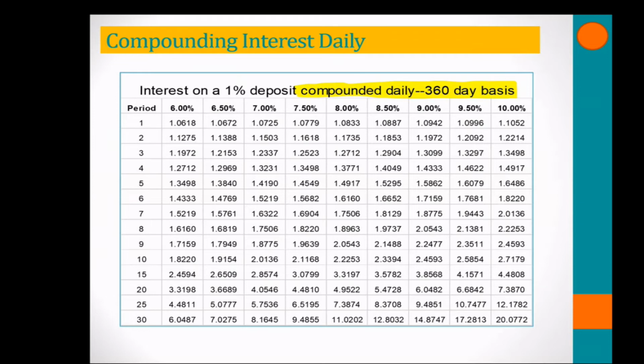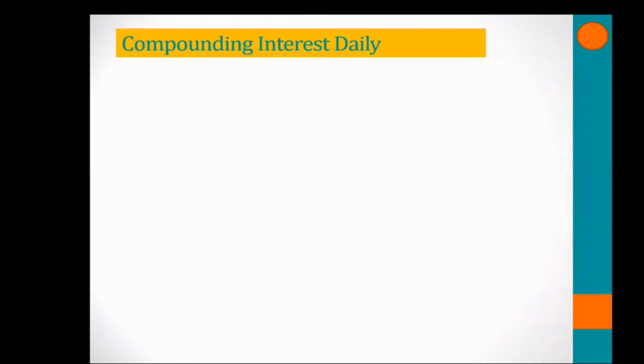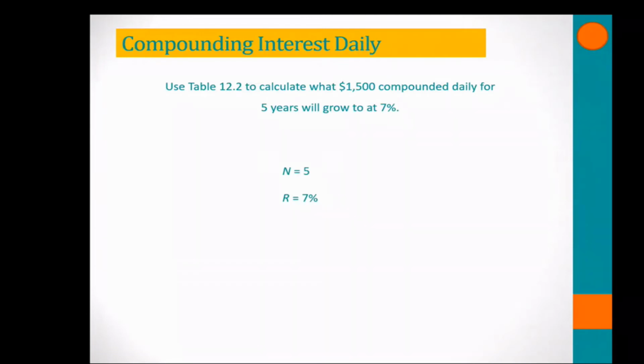Interest compounded daily. Interest is measured as 1% deposit for 360 days based. Periods 1, 2, 3, 4 are by days, so periods, and this is the interest rate. Look at this example.